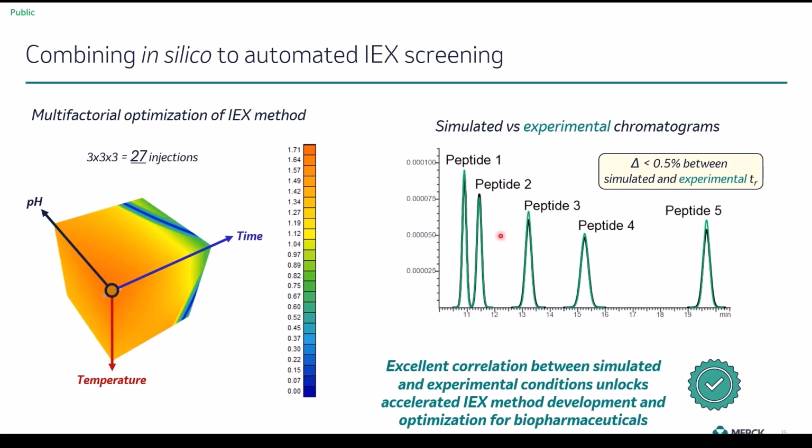Therefore, we realized that we can use this strategy in a reliable way, and we can obtain a different set of conditions that allows us to unlock different applications. Now, in this case, for example, we were able to greatly resolve and obtain baseline resolution between the first two peaks. The use of this resolution cube also enabled us to put ourselves in other conditions to unlock a different application, such as the next one.